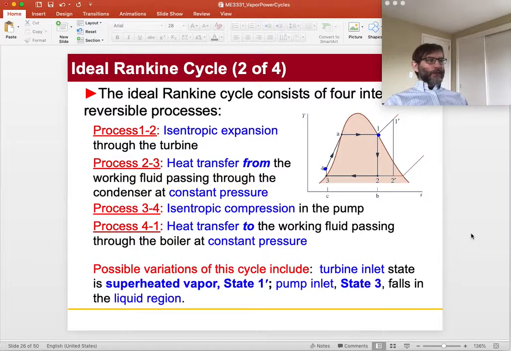Okay, so this is the key diagram. The ideal Rankine cycle consists of 4 processes, and they correspond to those components. As I said, 1 to 2 is an isentropic turbine, so 1 to 2 goes down like this. It can happen inside the vapor dome, or it can happen outside the vapor dome.